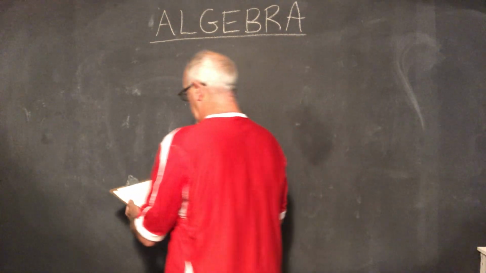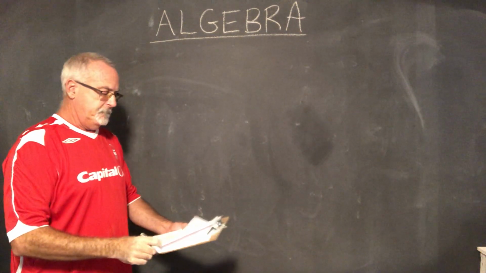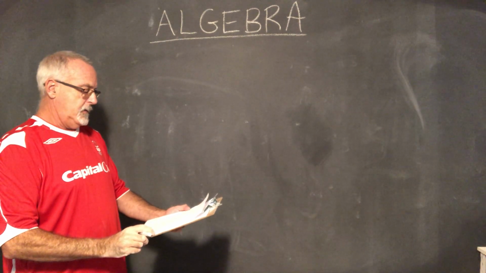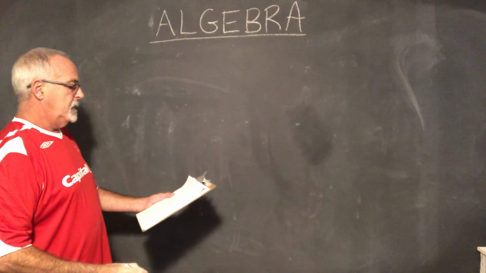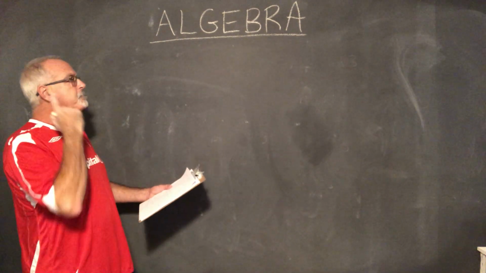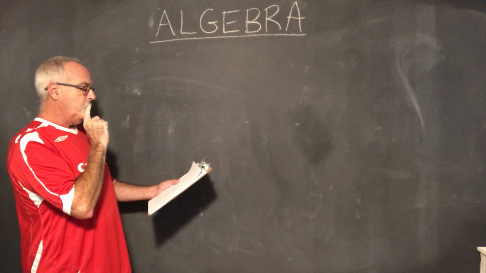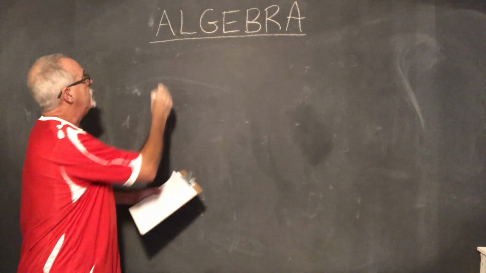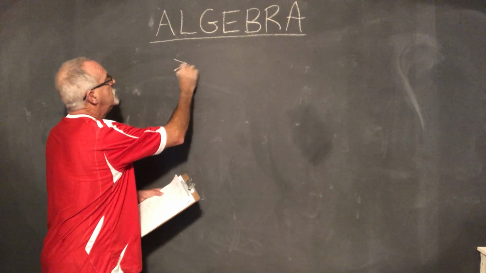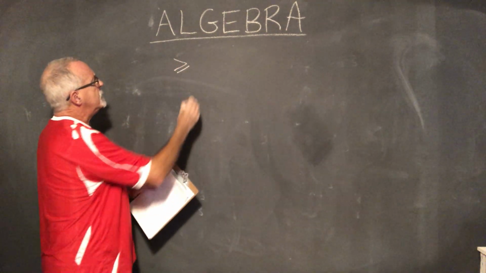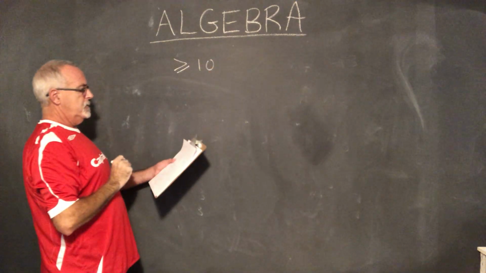So we tried a less than or equal to, we had a greater than. I think I want to have a greater than or equal to. What else can I do that's interesting? I'll put a 10 here.